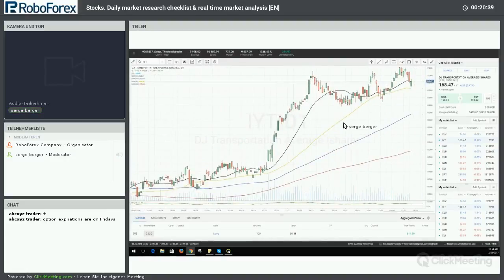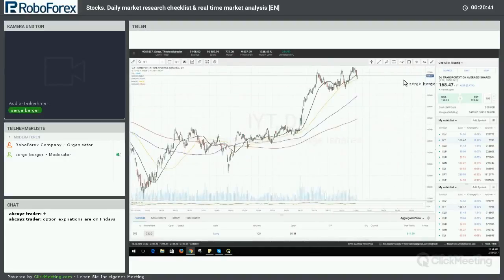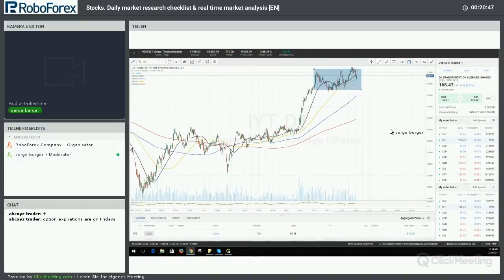Okay, so some people are starting to be a little concerned about the transportation stocks, which, if you look at them, are basically stuck in this range. They haven't really gone anywhere up or down. But we had a bit of a scare yesterday, a bit of a sell-off, a relative weakness.